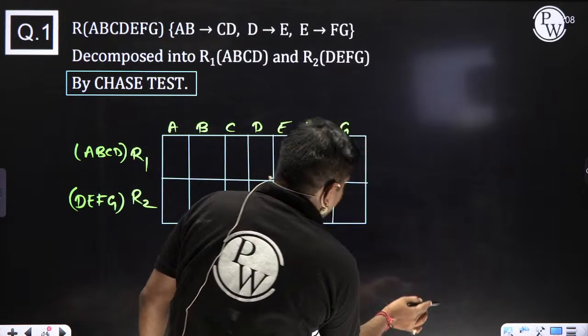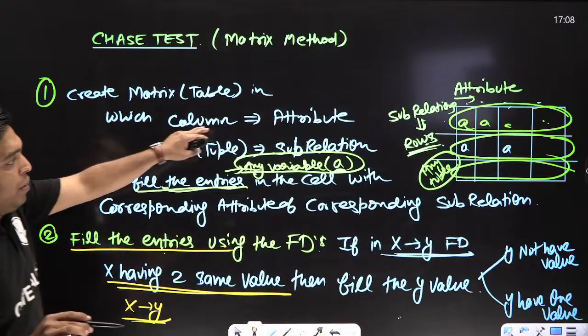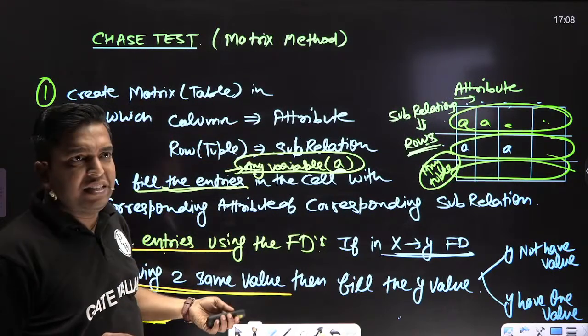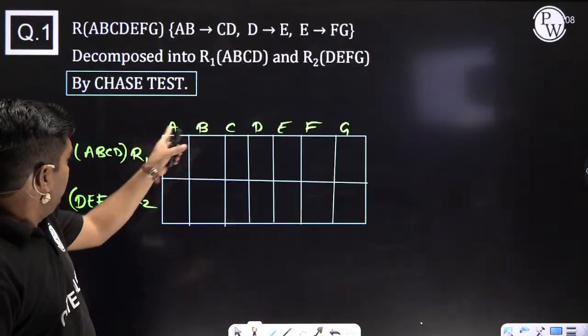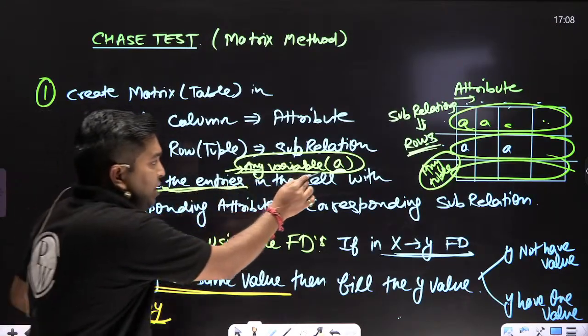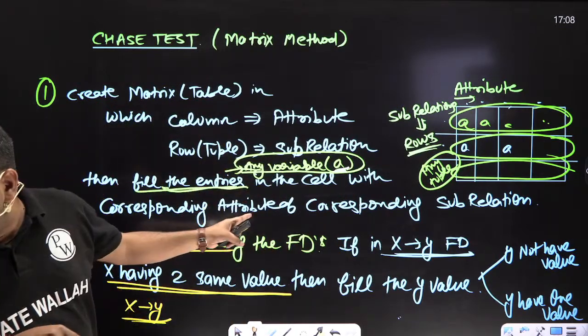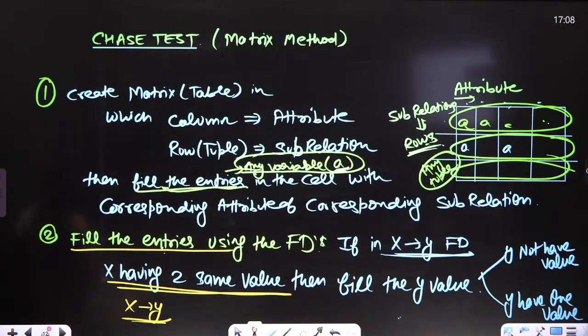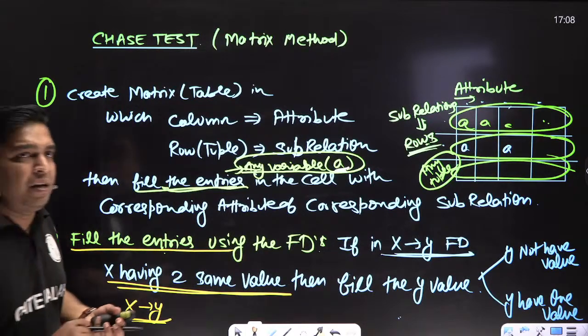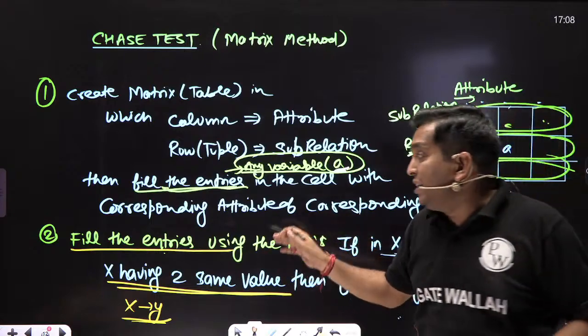Now, what I do, my dear: step number 1. Column represents attribute and tuple represents the sub-relations. I mention here, then fill the entry variable A with the corresponding attribute of the corresponding sub-relations.